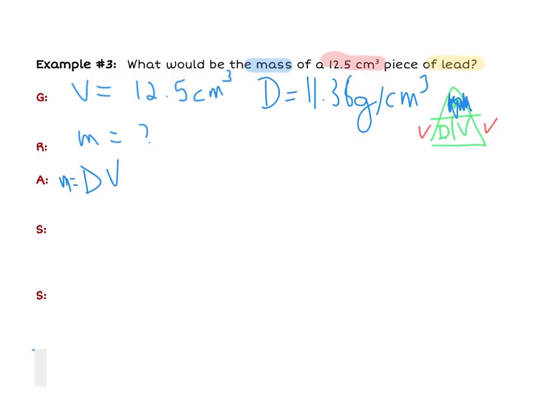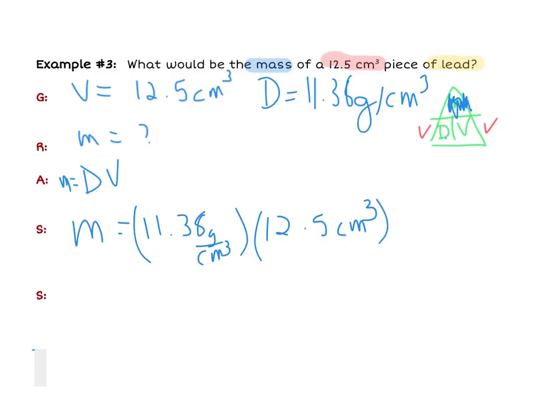I'm going to analyze that now. I'm going to solve my question now. So M is equal to, my density was 11.38 grams per cubic centimeter, multiplied with my volume of 12.5 cubic centimeters.